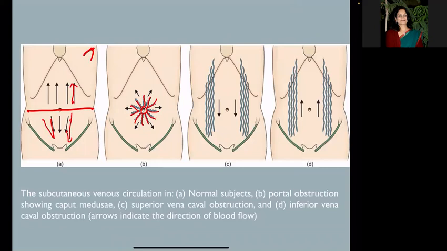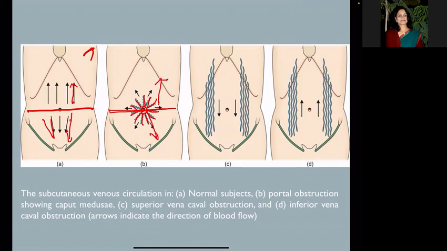But what about blood flow in the veins? Blood flow in these veins in the caput medusae, that is in the portal obstruction or portal hypertension, is in the normal direction. That is, the veins which are above the watershed line will drain into axillary, below will drain into femoral.